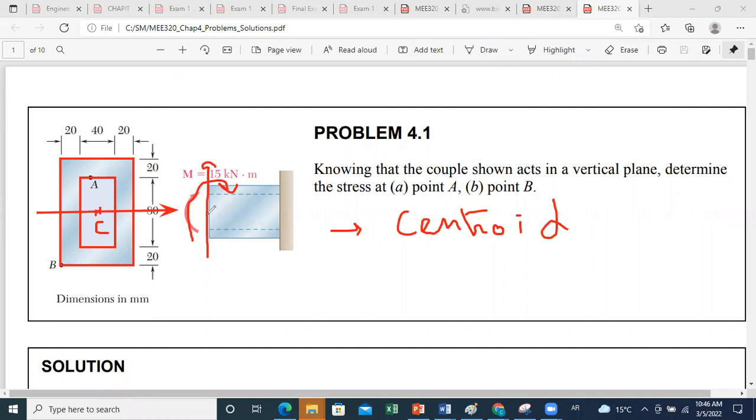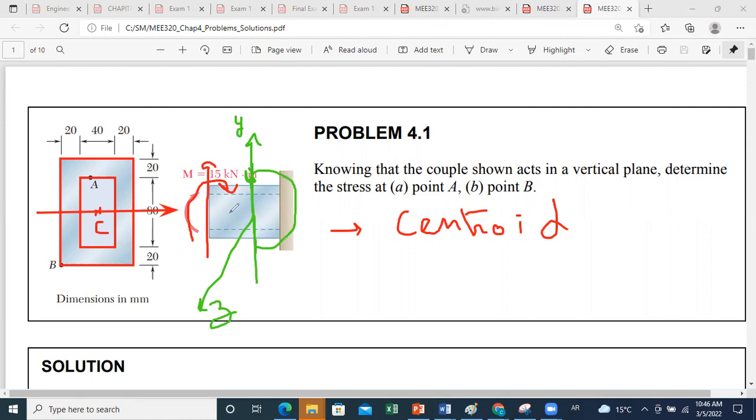So if I consider this is my Z axis, let us put them in another color. If I consider any section here, my bending moment is like this. In this section of interest, this is the y axis, and x is perpendicular, within the cross section.